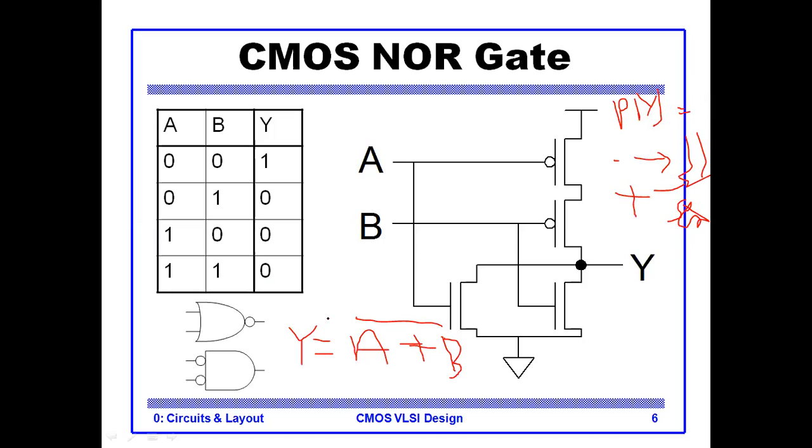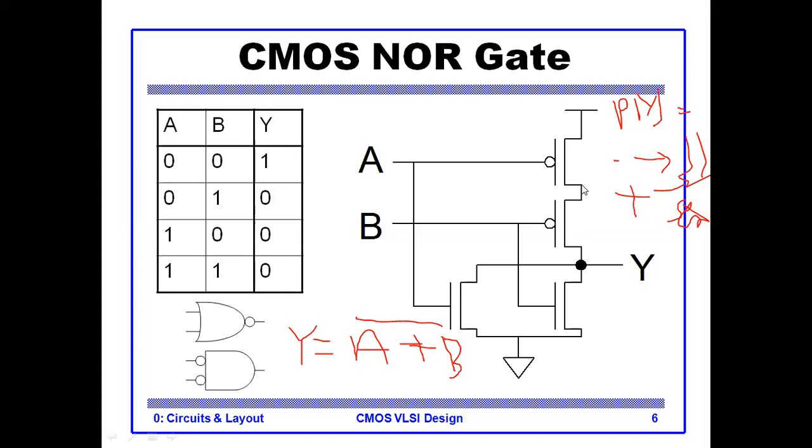Okay. So now for this expression, if you have to implement or design the CMOS NOR gate circuit, we have to follow the rules. The Boolean expression is (A plus B) bar, right? In the PMOS transistors, the operation is addition, so the transistors in the PMOS are in series.